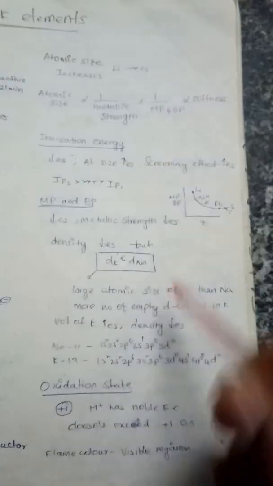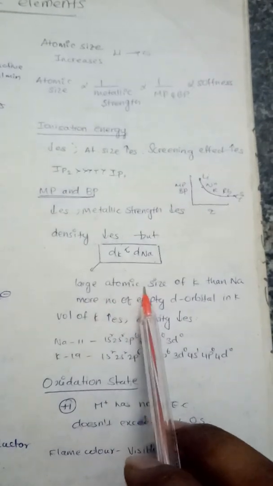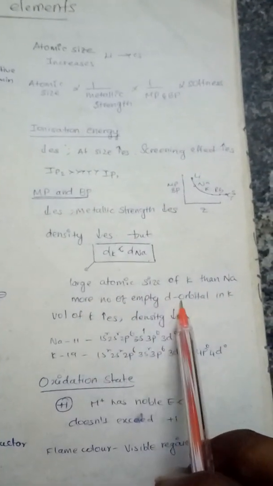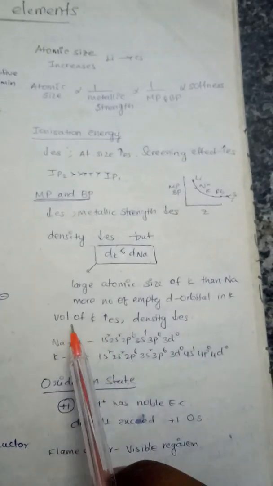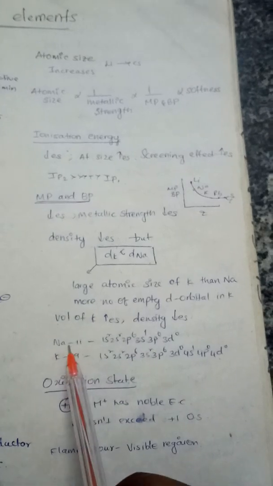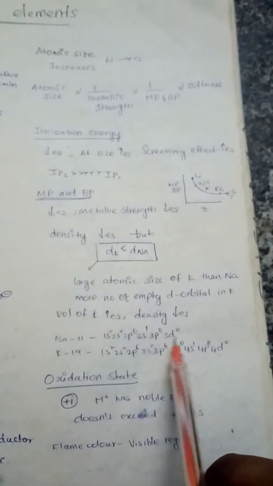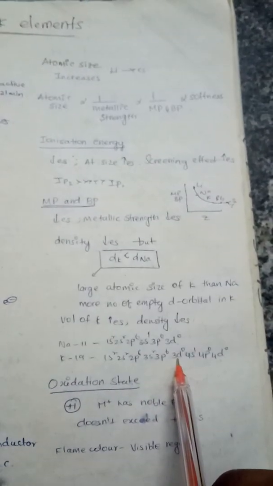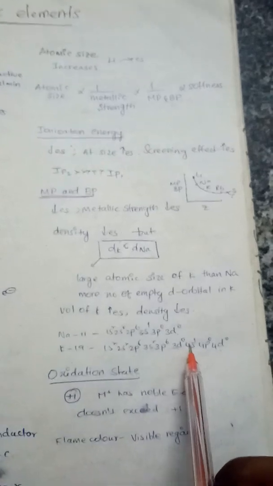This is important. Potassium has a larger atom size and more empty d orbitals. In sodium, the d orbital is absent, that is 3d0, whereas in potassium we have 3d0 configuration and 4s1.